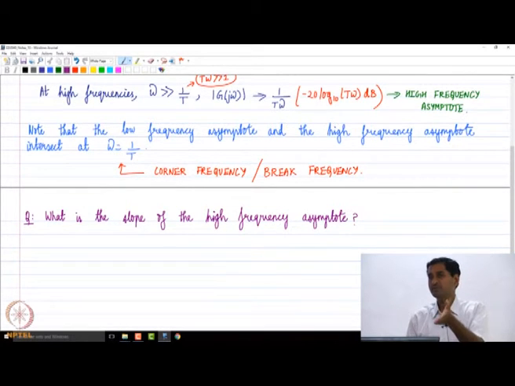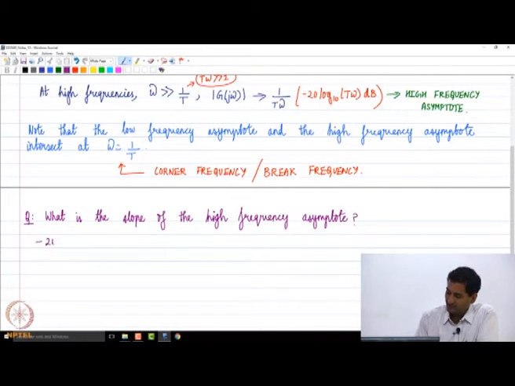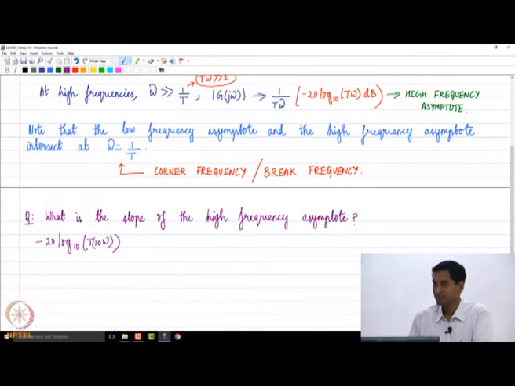So what you do is choose a particular omega and go to 10 times omega and then find out the difference. Whatever the difference is, that is the value of the slope in decibels per decade. So let us look at that. If I go from omega to 10 times omega, let us say from T omega to T times 10 omega, what am I going to get?